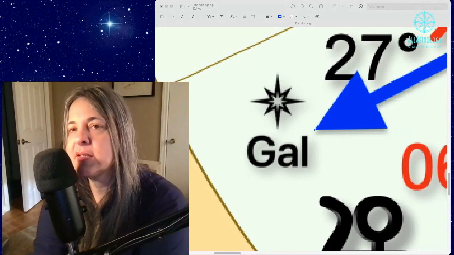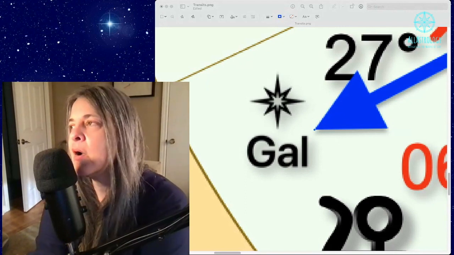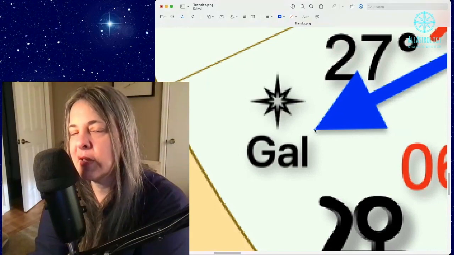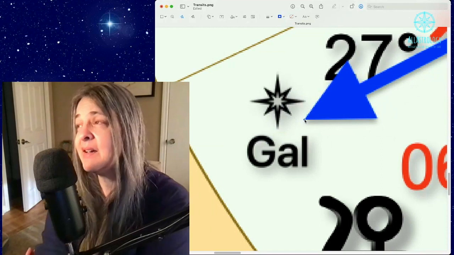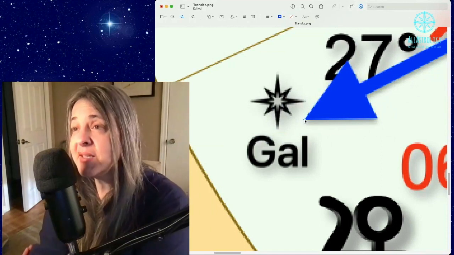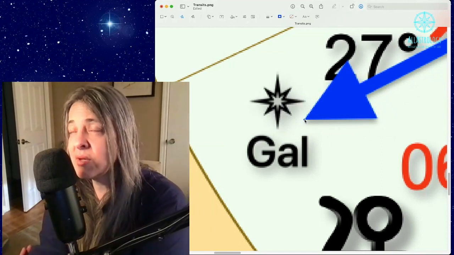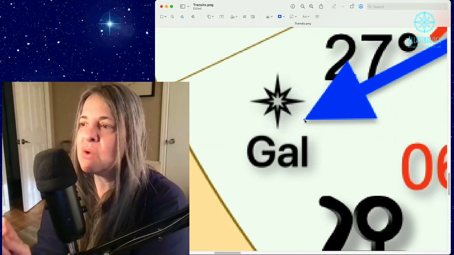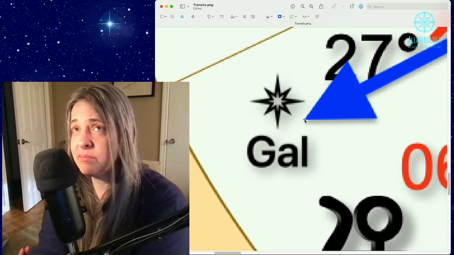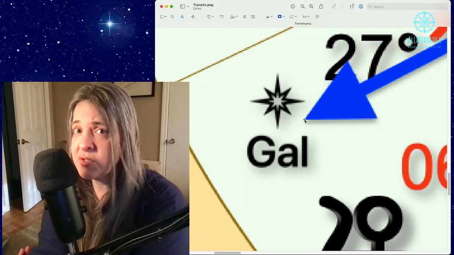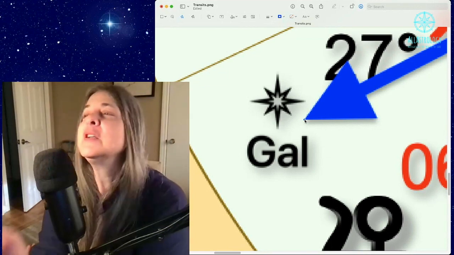So for the Galactic Center, my definition so far, and what I've come to believe, is that vacuum, that point of need, an extreme point of need in our chart. So it's really important to understand the sign that it's in. I think for everybody alive, anyone breathing, it's in the sign of Sagittarius because it's a very slow mover.